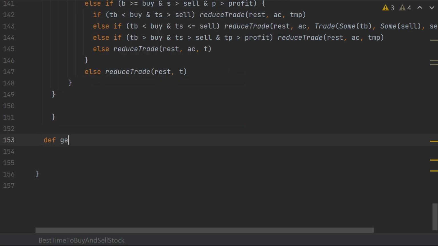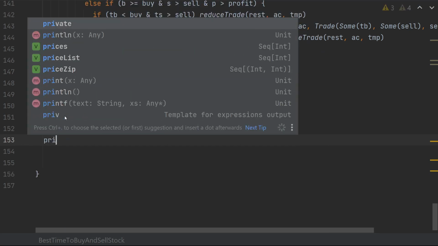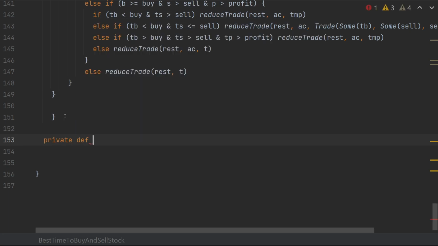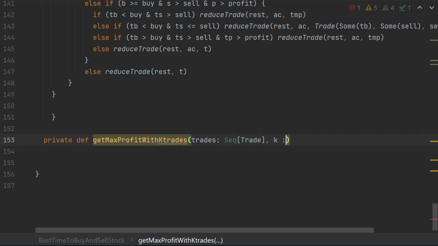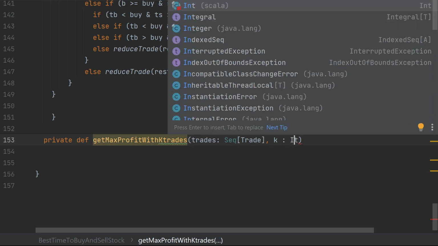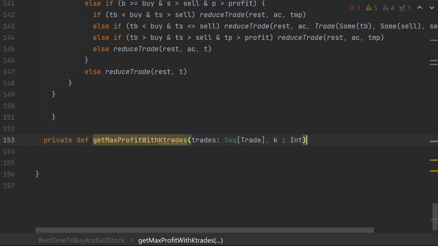Alright, so let's create the method, that is, let's make it private def getMaxProfitWithKTrades. It will take the trades as the sequence of trade comma the value k as int, which will return the sequence of trade.